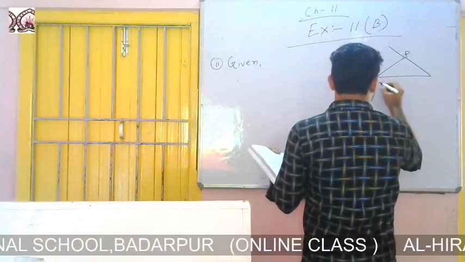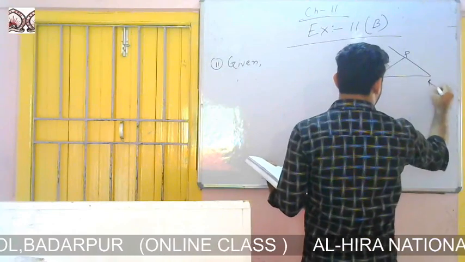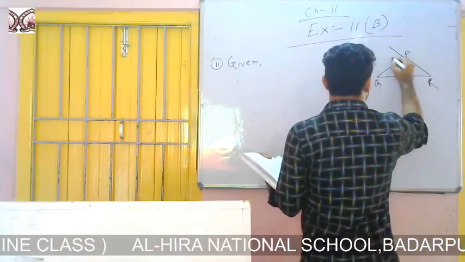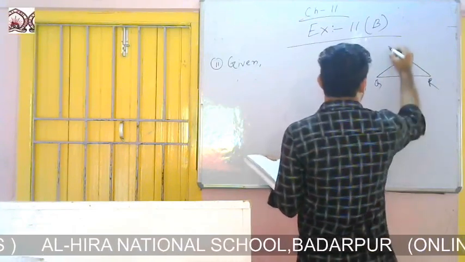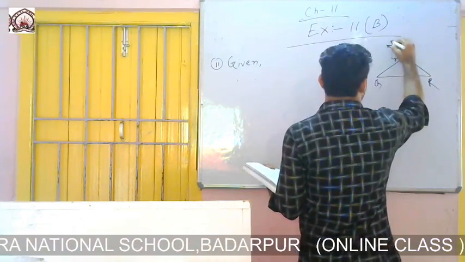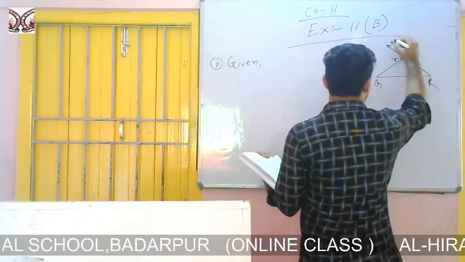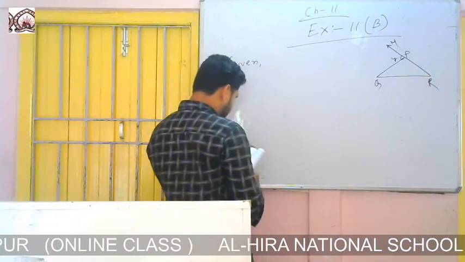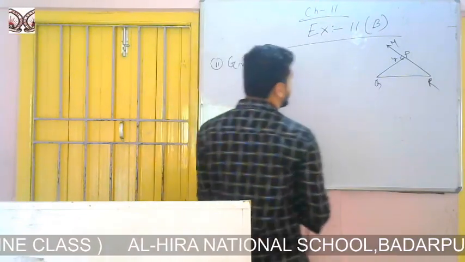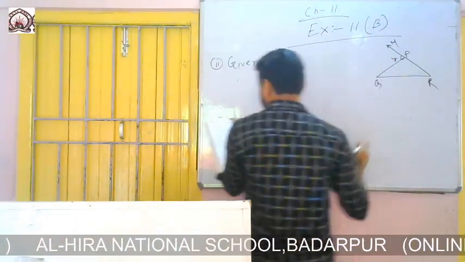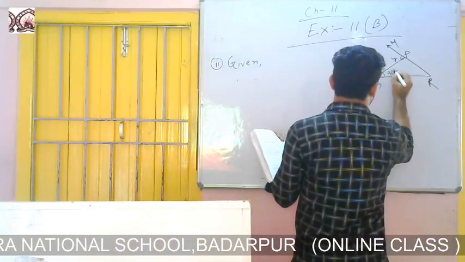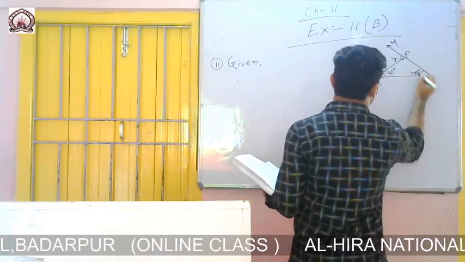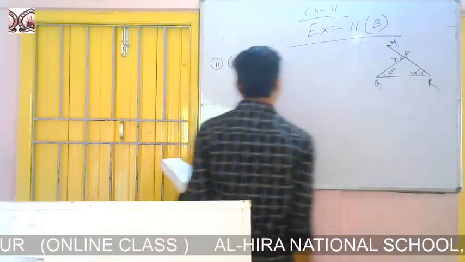P, Q, R, and this one is Y. Exterior angle equals Y. Here the line segment, you can say M. So we have to find Y, and the measure of this angle is given 30 degrees, and this one what? 45 degrees. Okay, we have to find Y, that is the exterior angle.